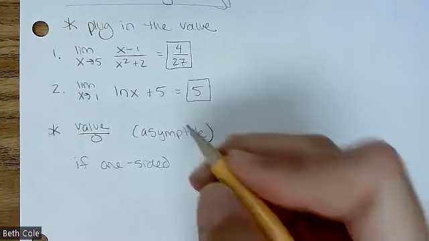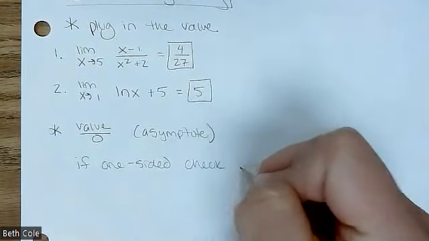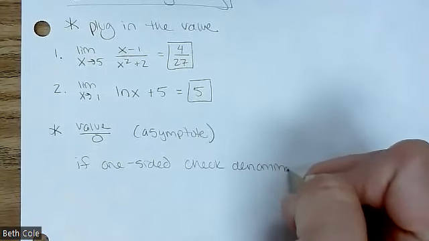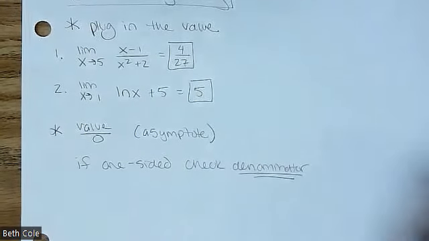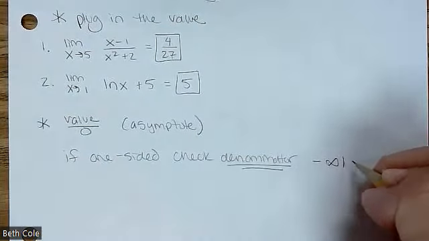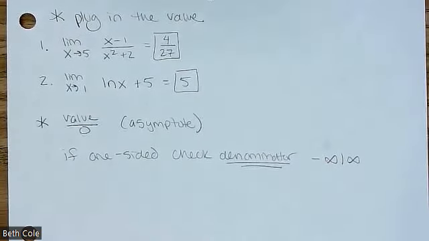You're going to check the denominator, only the denominator, and your answer will either be negative infinity or positive infinity. If you have a vertical asymptote, it's either going to go up or go down, so you have a 50-50 shot of getting it. But it only works if it's one-sided.